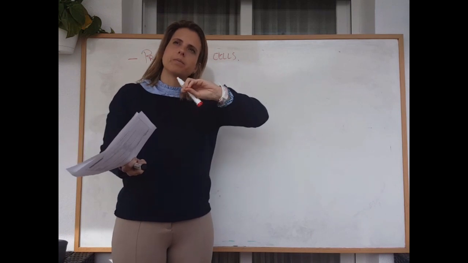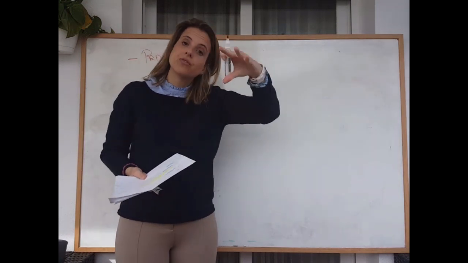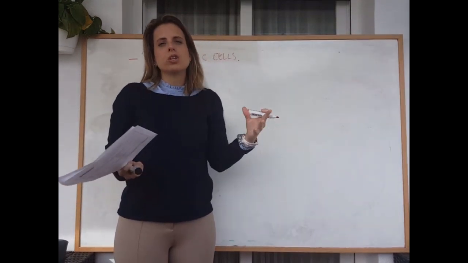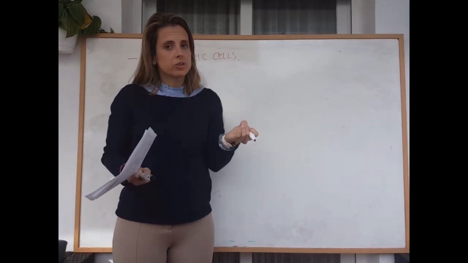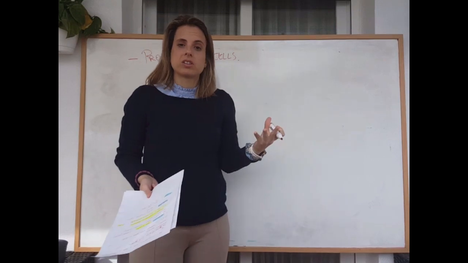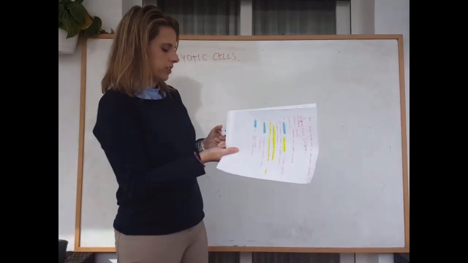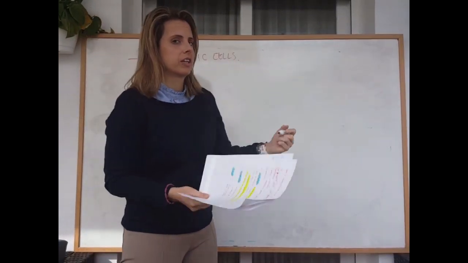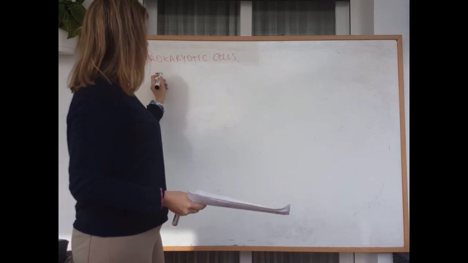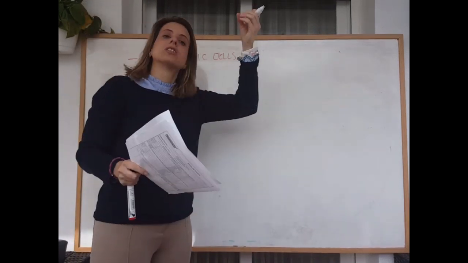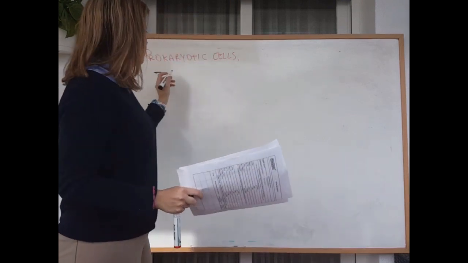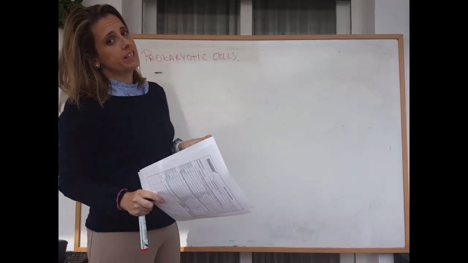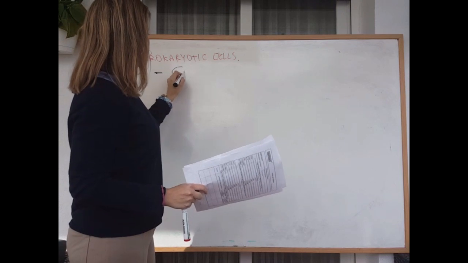So the DNA is going to be free in the cytoplasm, usually in a part called the nucleoid, remember? And the characteristic of this DNA is that it is circular. Remember that we said that eukaryotic cells have two linear strands that are joined. So we will find that prokaryotic cells have circular DNA.